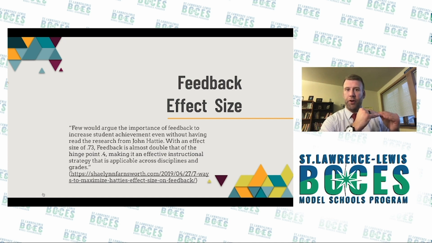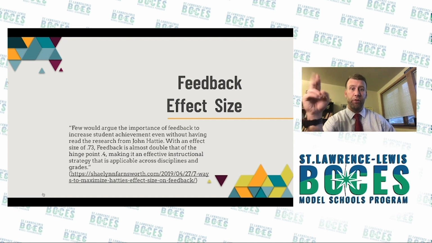If you were to do a 0.4 all year, you would make about 1 year's worth of growth. When you get above that, you start getting into strategies that really are powerful, and they give you the greater ability to grow students' outcomes. So a 0.73 is almost double. You're getting almost 2 years' worth of growth in 1 year through the use of feedback.